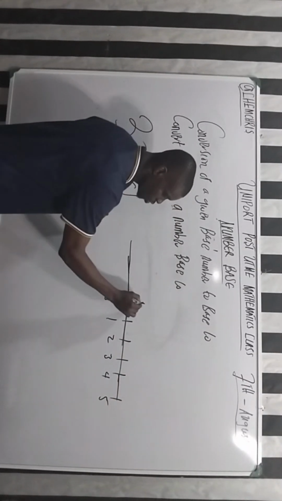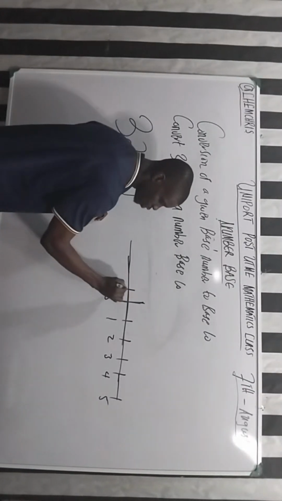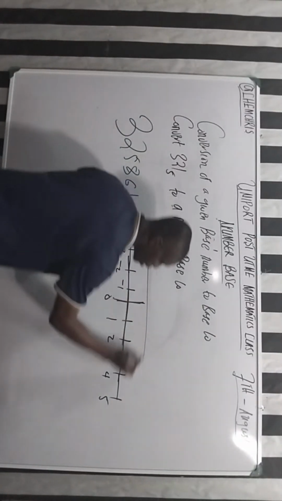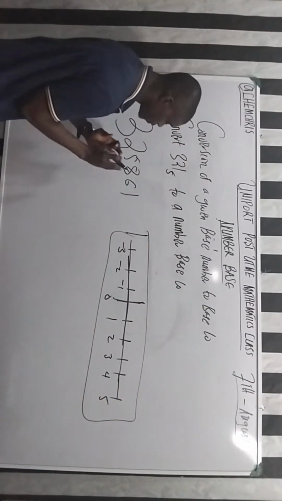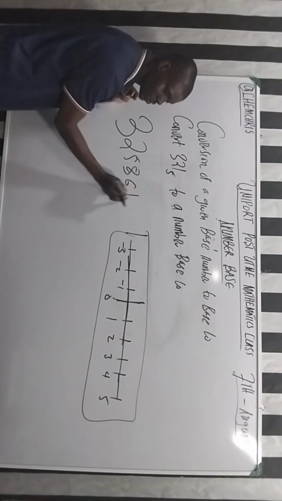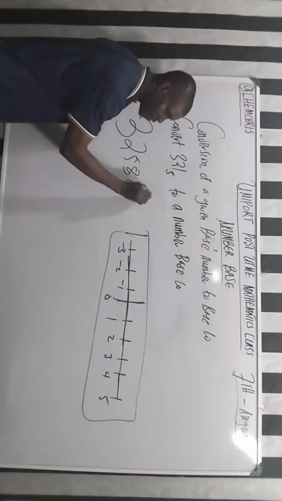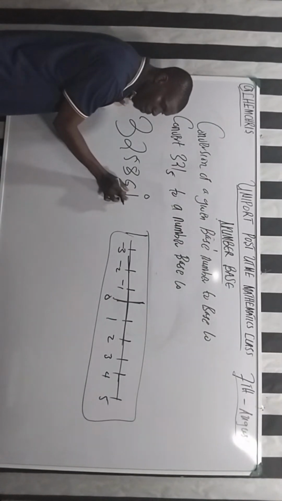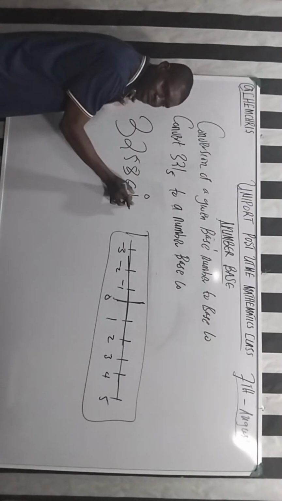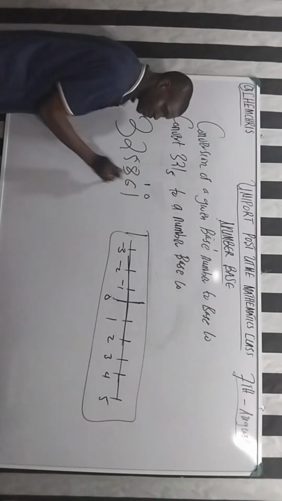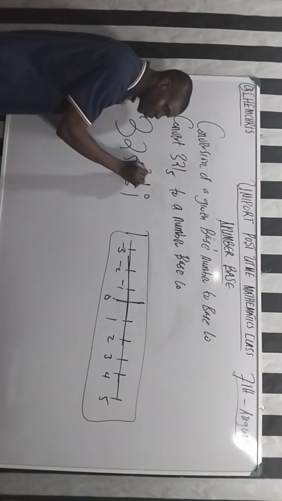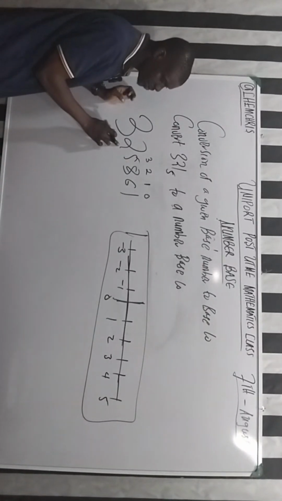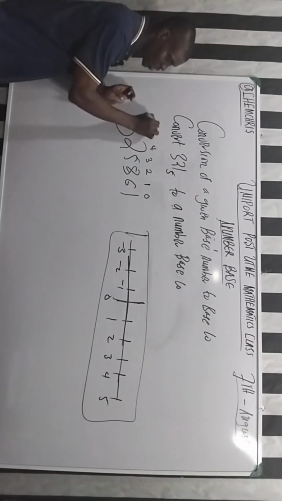Once you pass 0, we have -1, -2. This is called the number line, right? The first digit's position is 0. The second digit's position is 1. The third digit is 2. The fourth digit is 3. The fifth digit is 4, and so on.